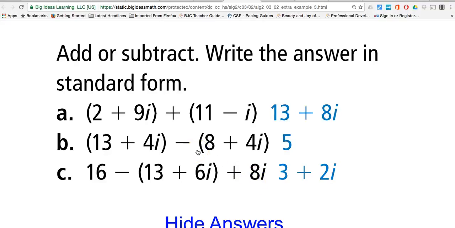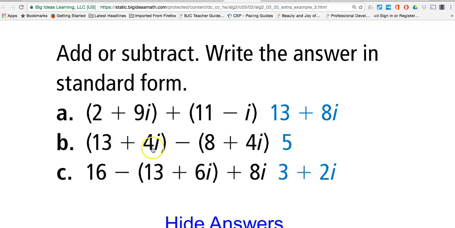So the key concept here is that no matter what you're doing, whether you're adding two complex numbers, subtracting complex numbers, or you have your terms all kind of split up here, what you're doing is combining all of your real terms in parentheses, and you're adding that to the result of all of your imaginary terms combined in parentheses.